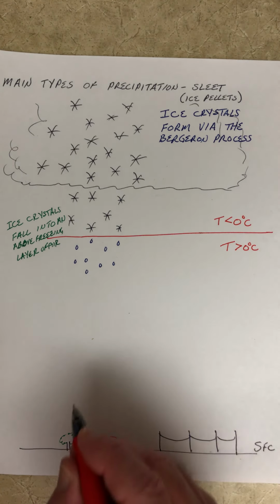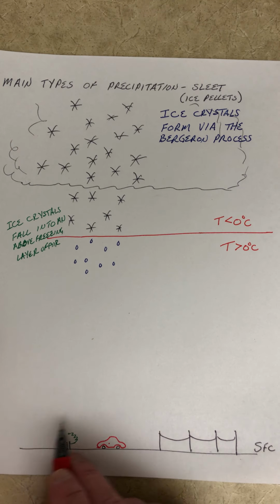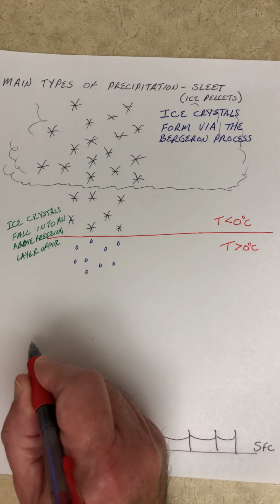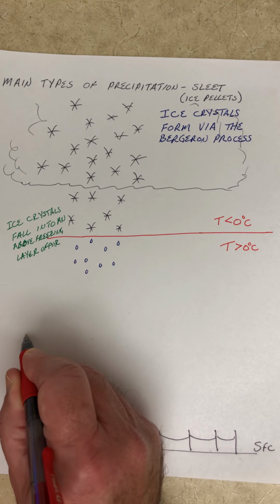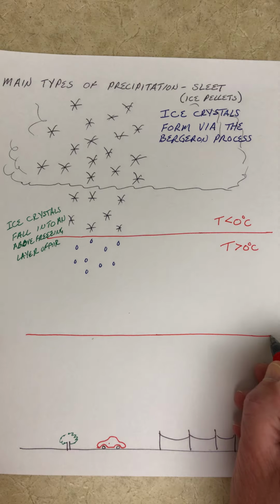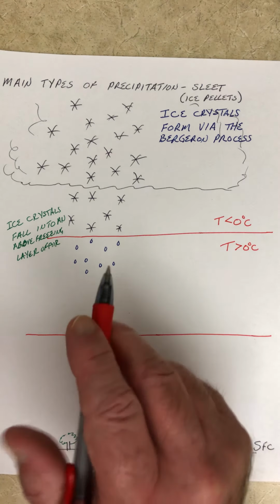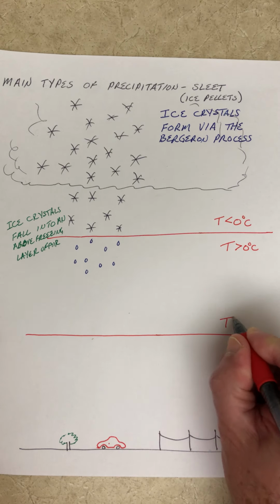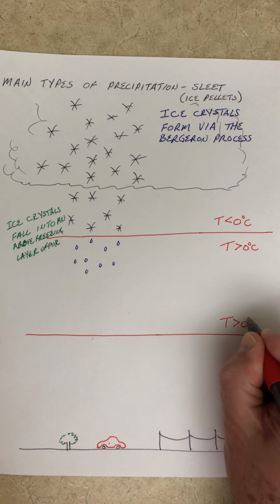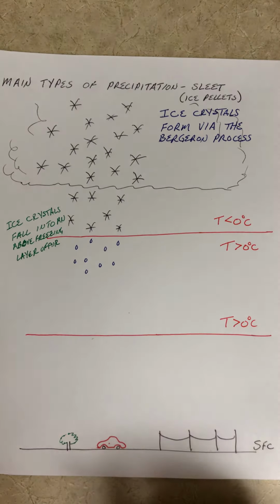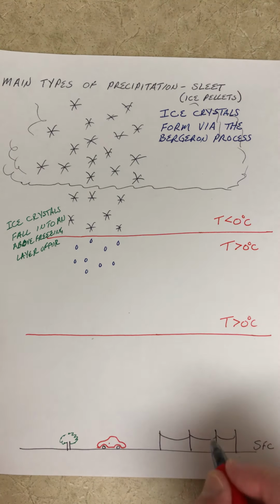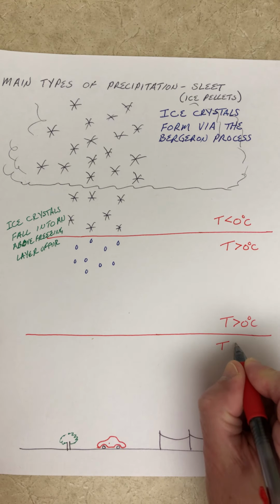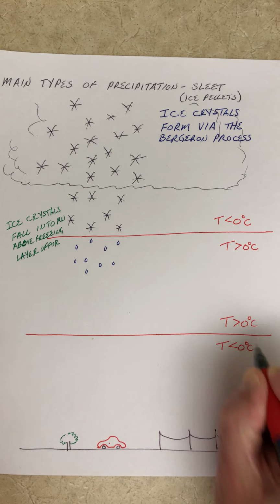Okay, this sub-freezing layer of air that we find at the surface is going to be deeper than it was with the previous form of precipitation, which was freezing rain. So again, in this middle layer here, the air is above the freezing point, but this layer of air that's in contact with the earth, the temperature is below the freezing point.